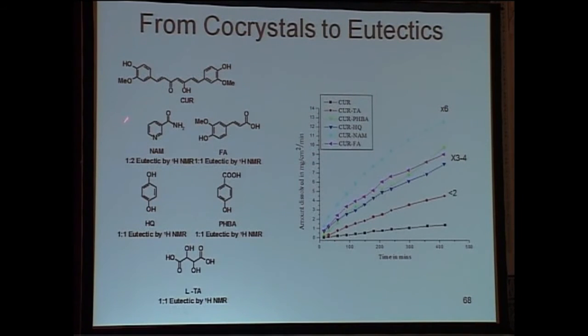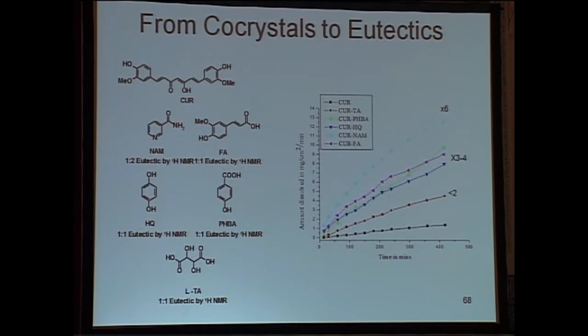However, none of these coformers gave us a cocrystal, that is a discrete adduct with a fixed stoichiometry and a different diffraction line pattern, that is a molecular packing arrangement from the starting components, which is curcumin and any one of the coformers.